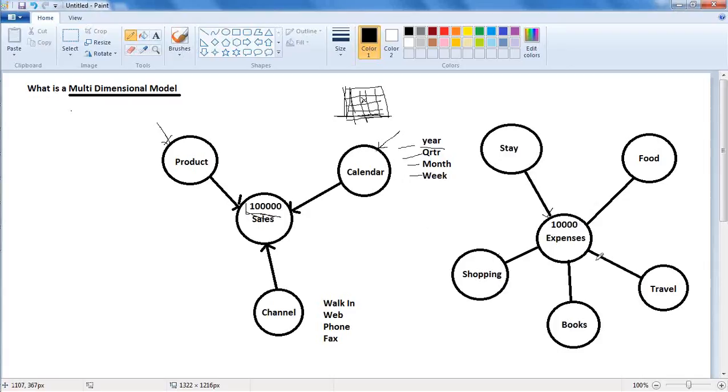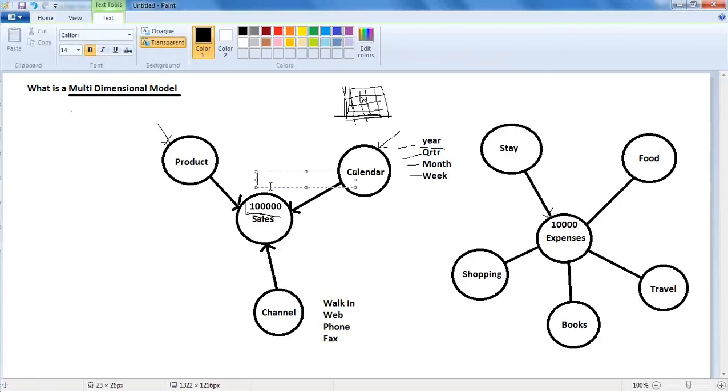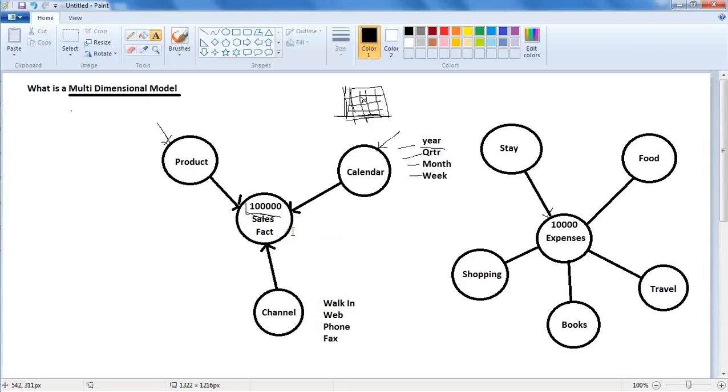But the multidimensional model is built from our real-life scenarios, the analysis that we do in real life. Within a multidimensional model, the table in which we analyze the information, the table that has the measures, the numbers which we would like to analyze, I call a fact table, where we fill up all the numbers.